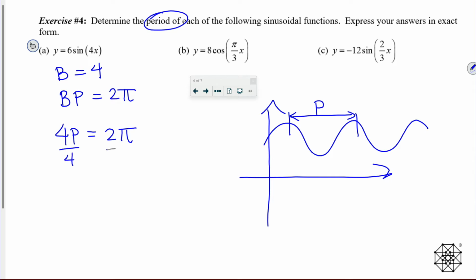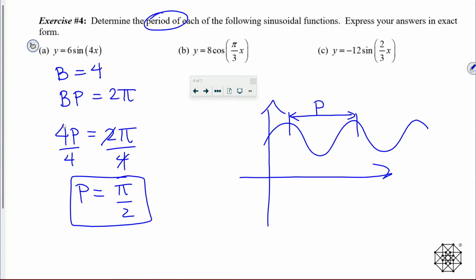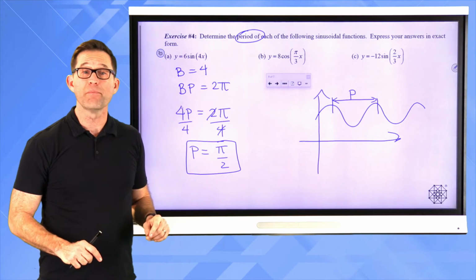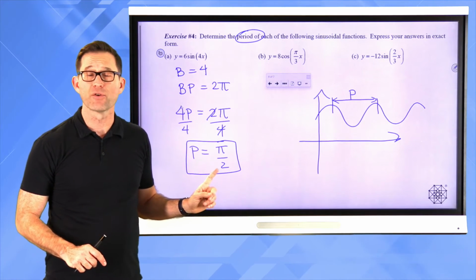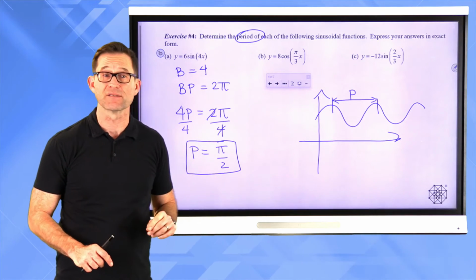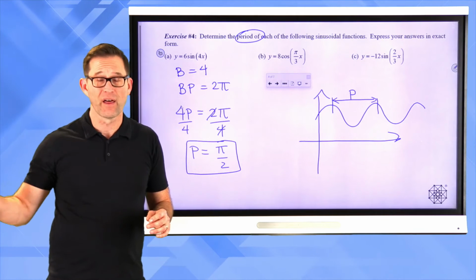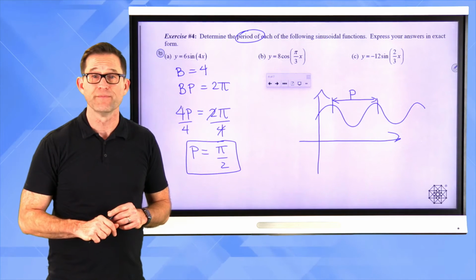I can divide both sides by 4. So the period, if I simplify that, will be pi over 2. In other words, if I were to graph this particular curve, it would repeat itself every pi over 2 units along the x-axis. Every pi over 2, it would cycle through another one of these complete waveforms.